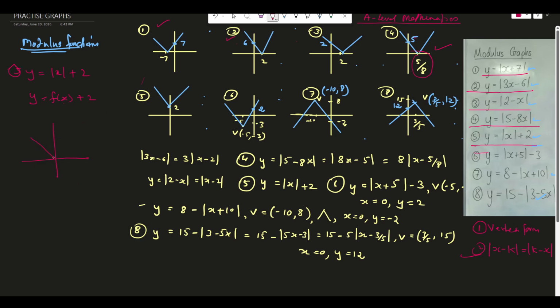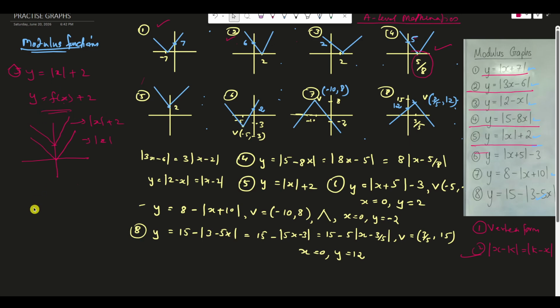So modulus of x will be this. This is modulus of x. And then plus 2. This plus 2 indicates that the whole graph of f of x is going to be lifted up by 2 units. So it will go here. So this is the graph of modulus of x plus 2. Okay, this is my transformation of graph that I have used.